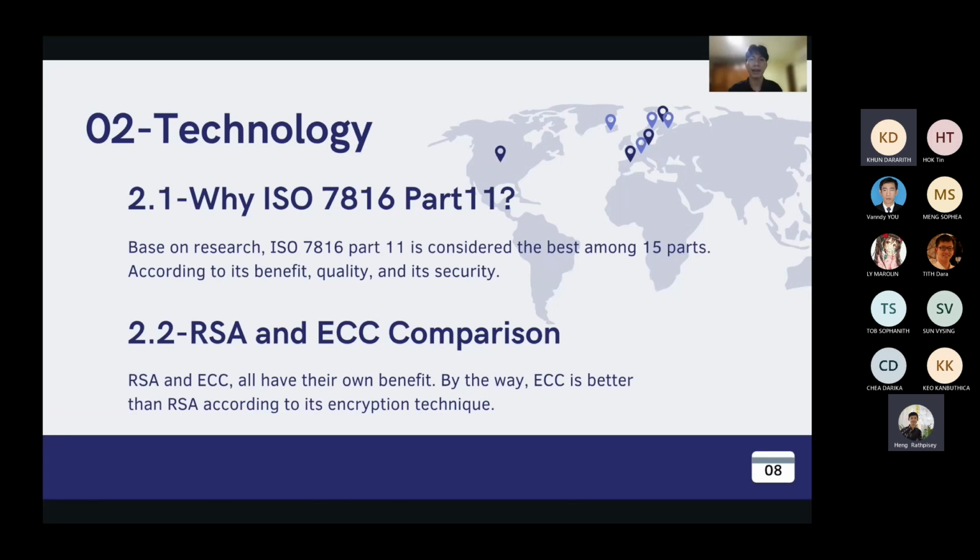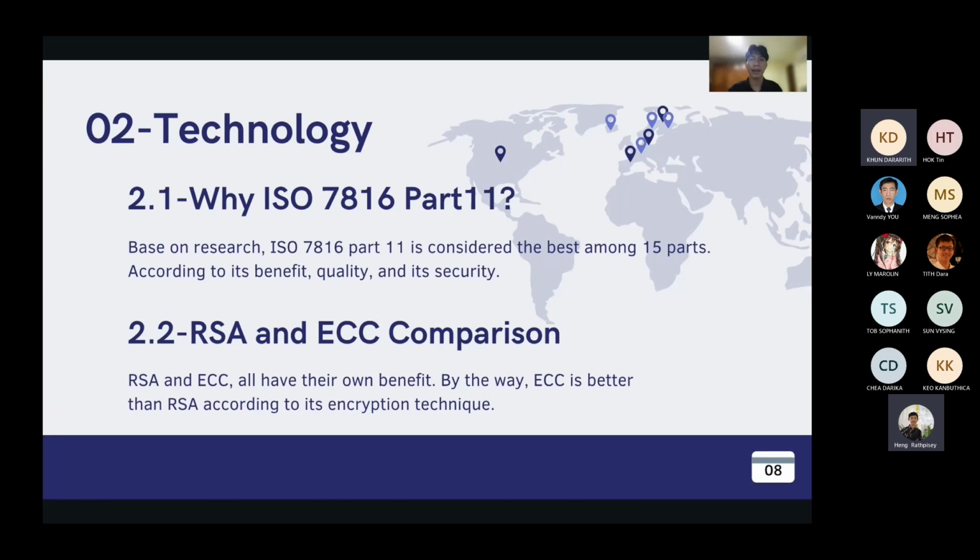So you mentioned here that this ISO 7816 Part 11 is the best. Why is it the best? Do you have any detailed comparison among the 15? Thanks, teacher, for your question. Actually, it is the best because it supports cryptography and citizen data management, and it also comes with the biometric method for the user.